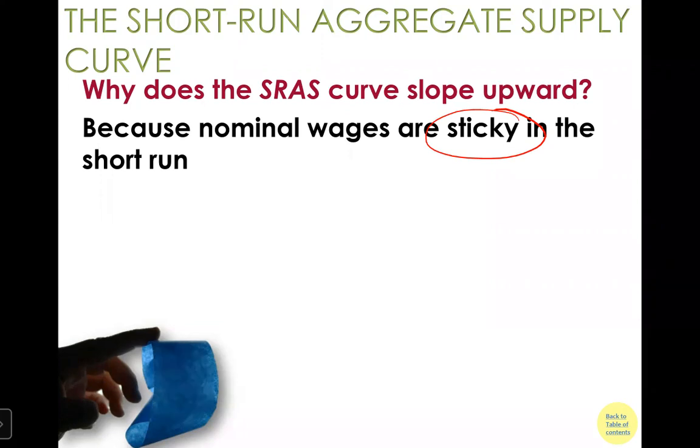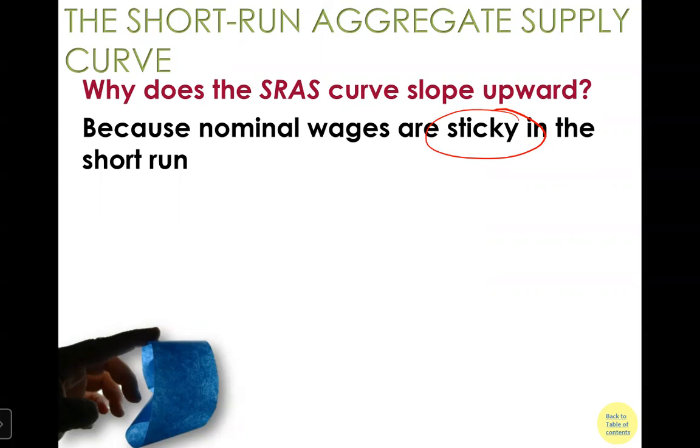This fixed wage rate over an extended period, whether 6 months or 1 year, is called stickiness. This is the stickiness of the nominal wage, and it is nominal in the sense that it is in dollar terms.